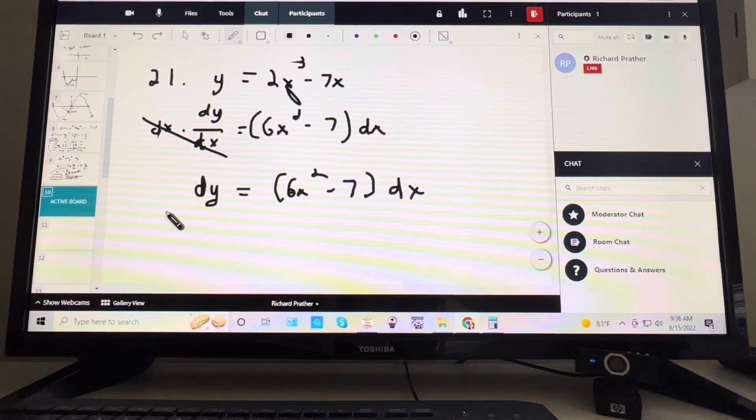If you were to do an integral of each side, the integral of dy would just be y. And then on this side, you would do your antiderivative rules, and that would get you to an antiderivative. That's why you always see that dx in the antiderivatives problems. But we're not doing an antiderivative here.